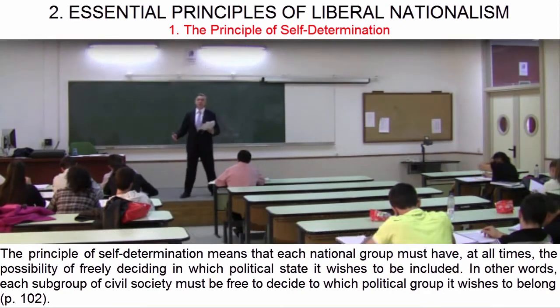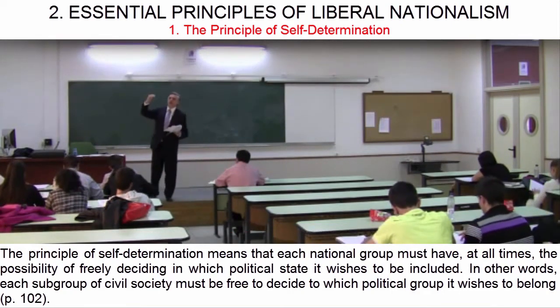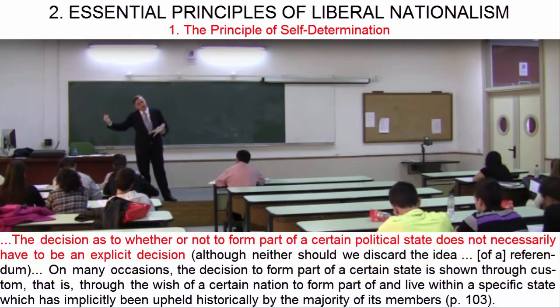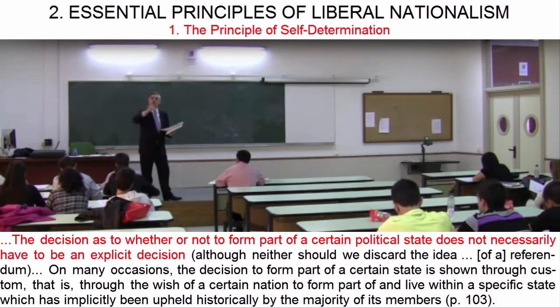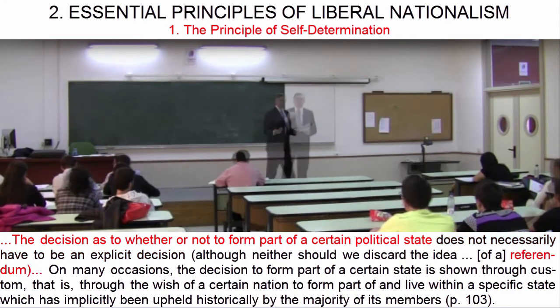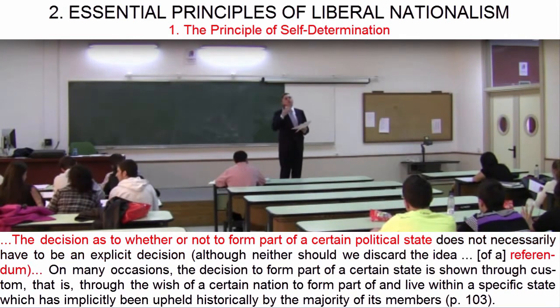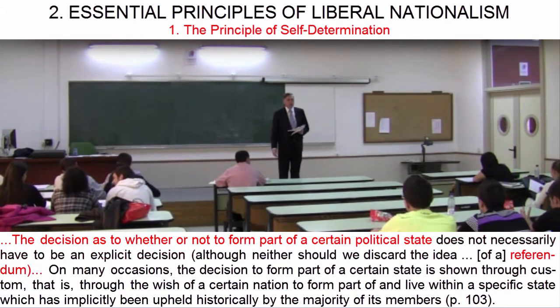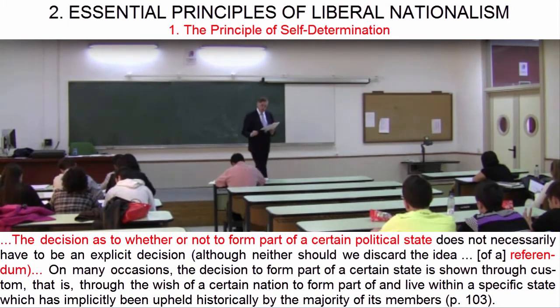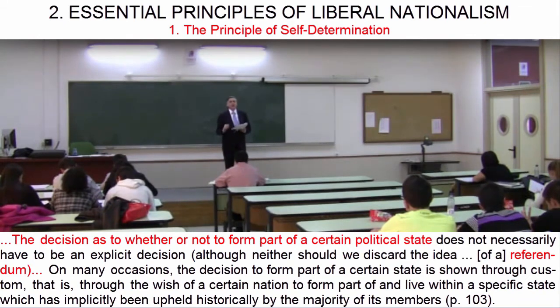Now, I would like to make a couple of clarifications about the principle of self-determination. I will begin by noting that self-determination does not necessarily have to be the result of an explicit political decision, though that cannot be ruled out. A referendum may be held and may give rise to a decision to split a state in 2 or to create a new state. There are many historical examples which show that this can be done peacefully and satisfactorily without any problem.